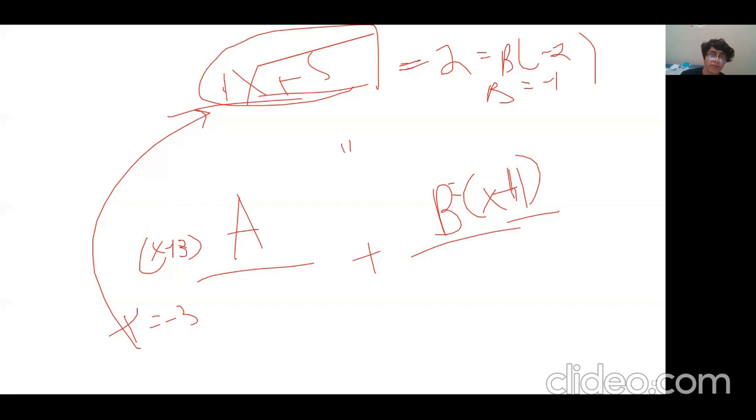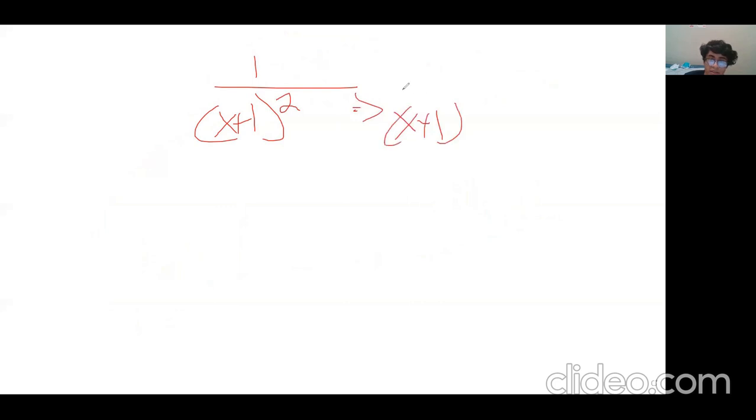But another thing I want to remind you is when you're doing partial fractions, if you have a repeated root, a repeated factor in the denominator, you have to account for the fact that maybe this happened.